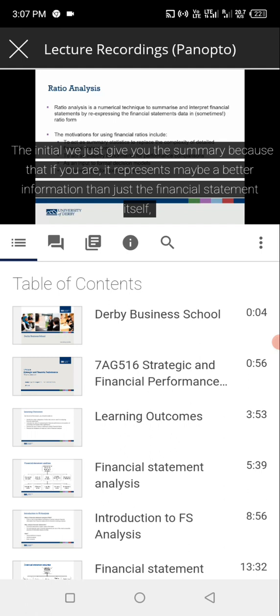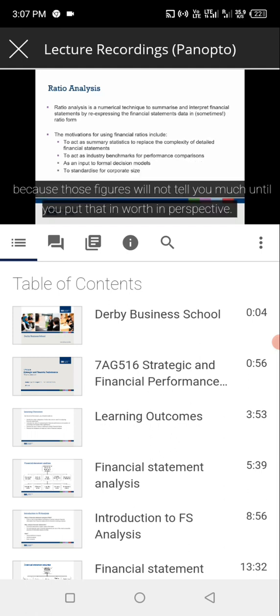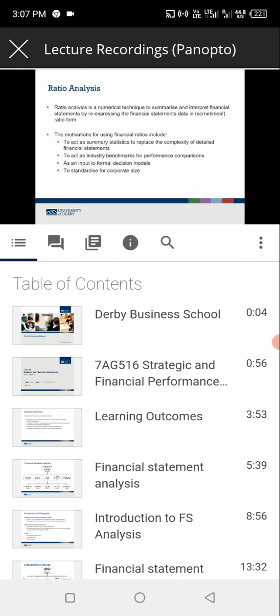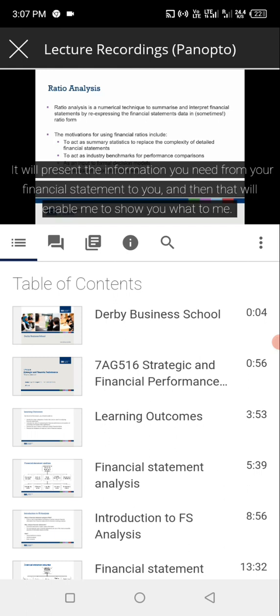And it will present maybe better information than just the financial statement itself, because those figures will not tell you much until you put them in perspective. Then the financial statement will begin to make sense. It will present the information you need from the financial statement to you, and that will enable you to make the decision you want to make.